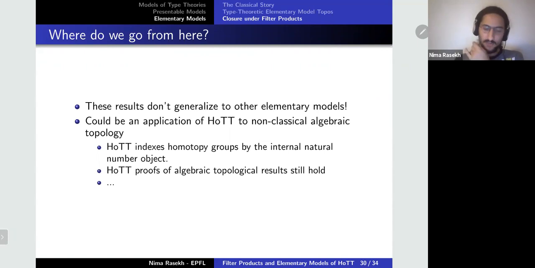And then what you would expect to happen is that you get a topos which is generated by the final object, because that's already true in the elementary setting. So you should get some kind of model of spaces generated by the final object, but with additional natural numbers, because you have a non-natural number object. So you get some sort of spaces, but with more spheres and more homotopy. So what happens there? I don't know what happens, but I think it's worth looking into.